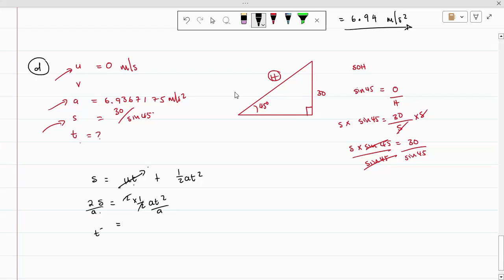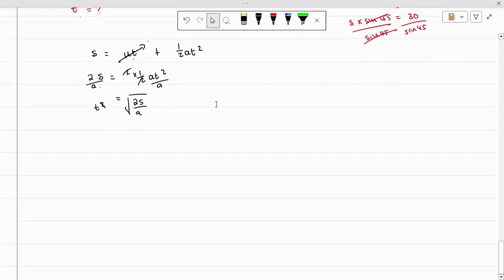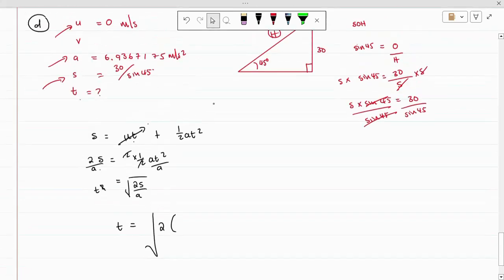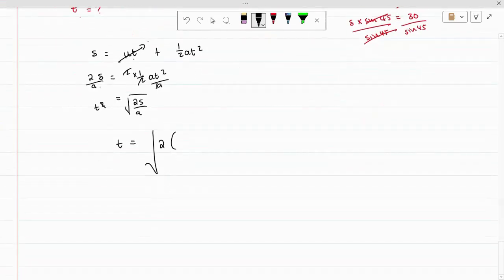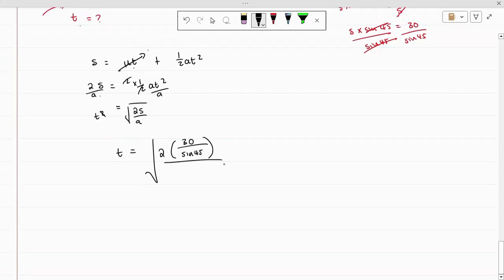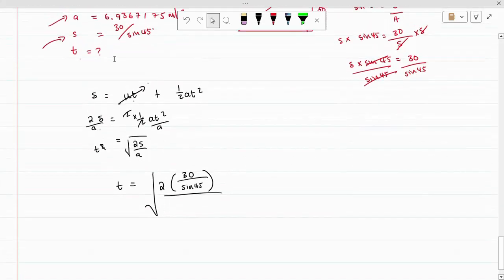So now we've got time squared is equal to 2S over acceleration, and then you root both sides to cancel that square over there. All right, so time is equal to square root of 2 multiplied by S, which is 30 over sine 45, then you divide that by acceleration, which is 6.93 or 6.94.